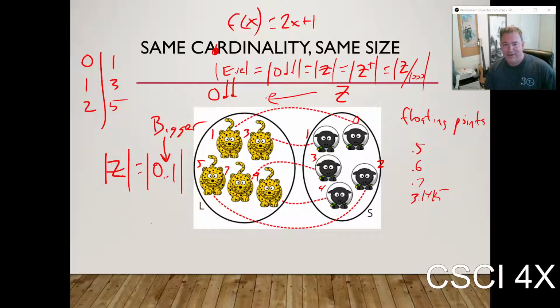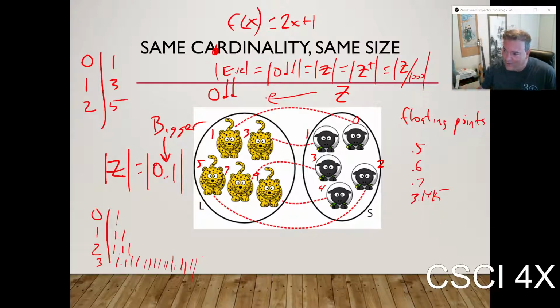You try mapping 0 to 1, and then 1 to 1.1, and then 2 is 1.11, and 3 is 1.111, right? You can't ever even get to 1.2. You can just go down this pathway as long as you want, always adding another 1 to the end of it, and you just go forever.